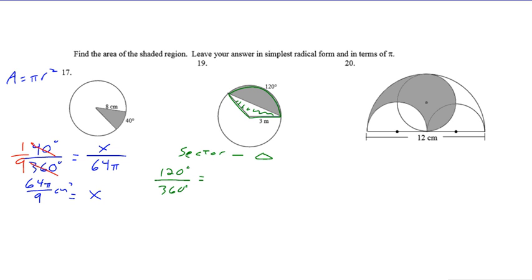And again, we're talking about the area of the circle, not the circumference of the circle. So it's going to be the area of the sector out of 9 pi. 120 over 360 is 1/3. We can cross multiply that. We get 9/3. 9 divided by 3 is 3.